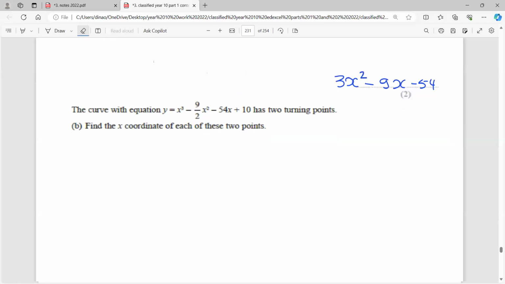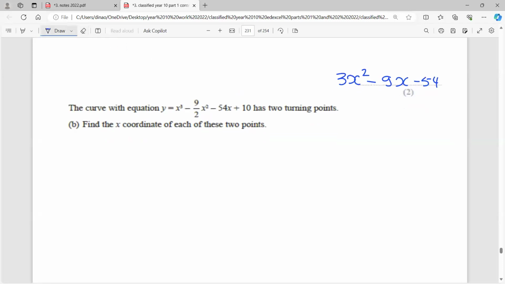Now let's look at this question. It says the curve with equation has 2 turning points.